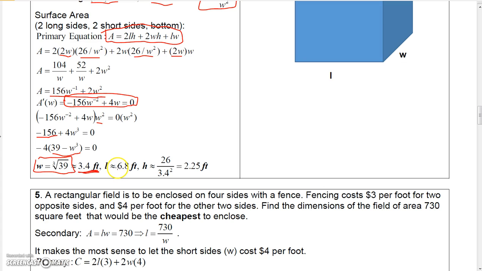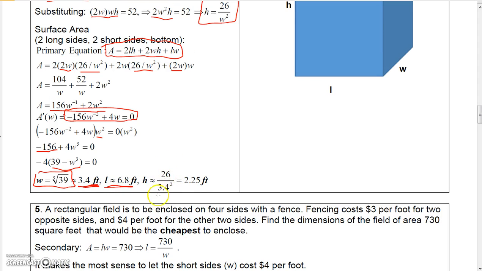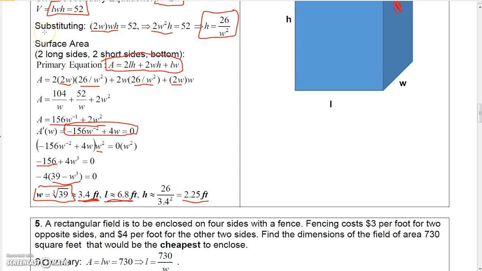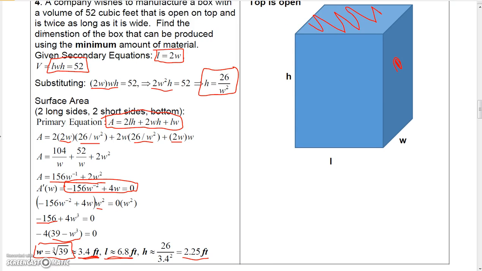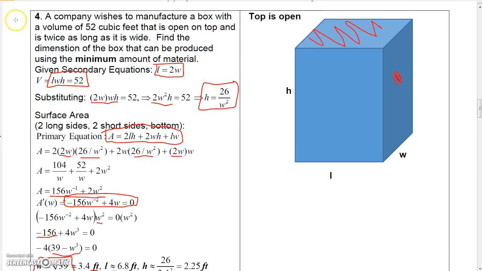And then the length is twice that, so that's going to be approximately 6.8 feet. And then the height, remember, is 26 over W squared. So 26 over 3.4 squared would be about 2.25 feet. And so there are the dimensions that will minimize the amount of material that you use to create that box.